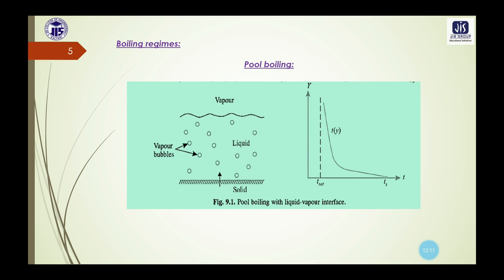Whether the boiling corresponds to pool boiling or forced circulation or flow boiling, there are three definite regimes of boiling: number one is interface evaporation, number two is nucleate boiling, and number three is film boiling.